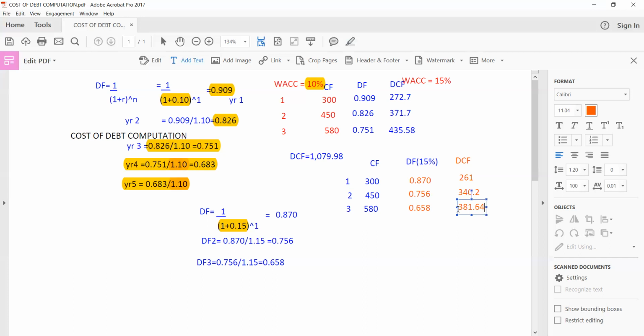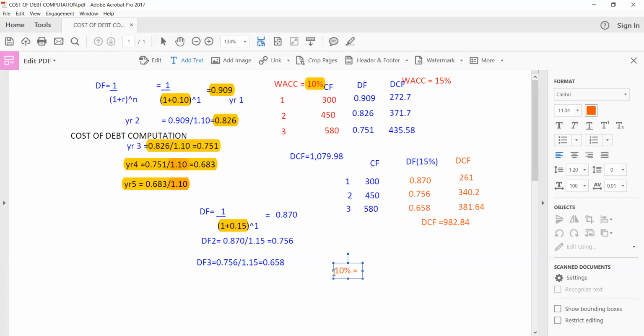This is 340.2. The next bit is 261. That gives me a total discounted cash flow of 982.84. So you can see clearly that when the discount factor was just 10%, the same cash flows, right?